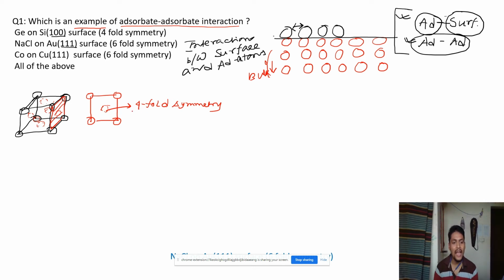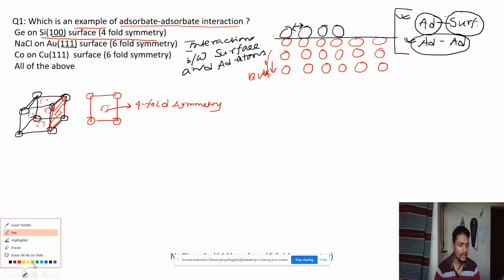If the ad atom basically determines the growth, then the surface will not have such a great role, so it will not follow the exact symmetry. That has been given as a hint. So the silicon 100 surface has fourfold symmetry, and you can also draw the 111 surface to get the idea of what it will have.